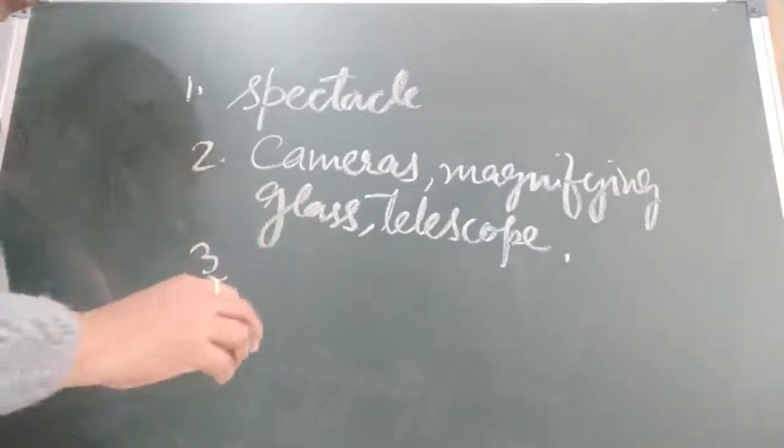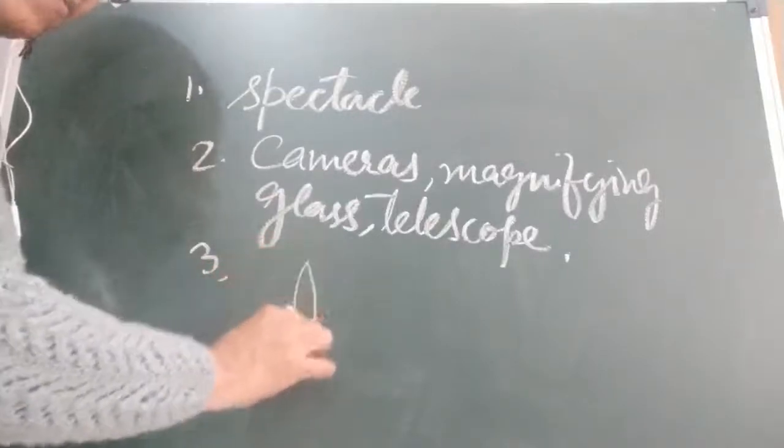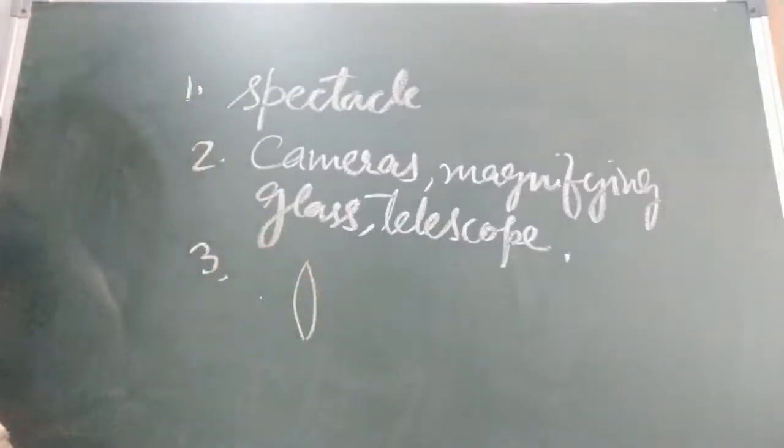Our eyes also have a lens, and the image forms on the retina. That's all, children, for lenses.